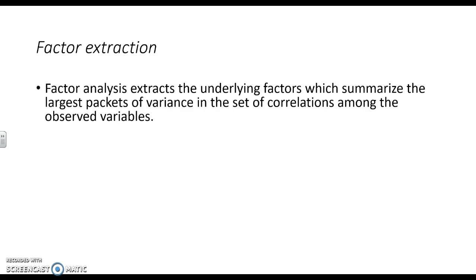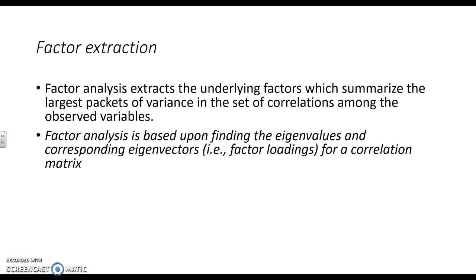So factor analysis is extracting the underlying factors, and it's based on the largest packet of variance in the set of correlations. This gets into some really nasty correlation matrix math, but each matrix is going to be given an eigenvalue and a corresponding eigenvector, which we're calling factor loadings.